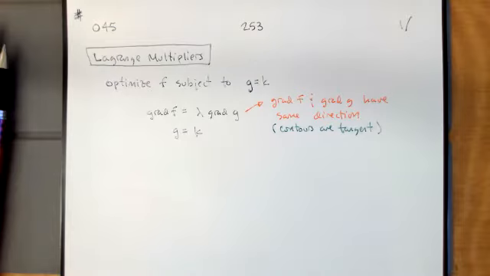So that's the point that we're looking for. The g equals k part makes sure that we have the right contour of g. That's telling us to use a particular contour of g.